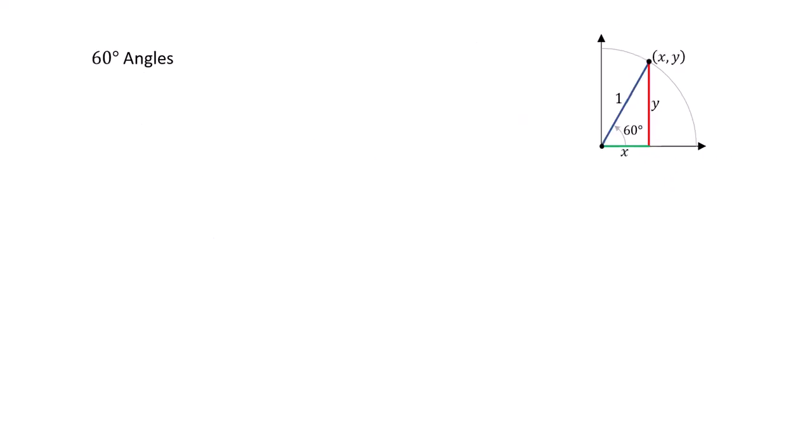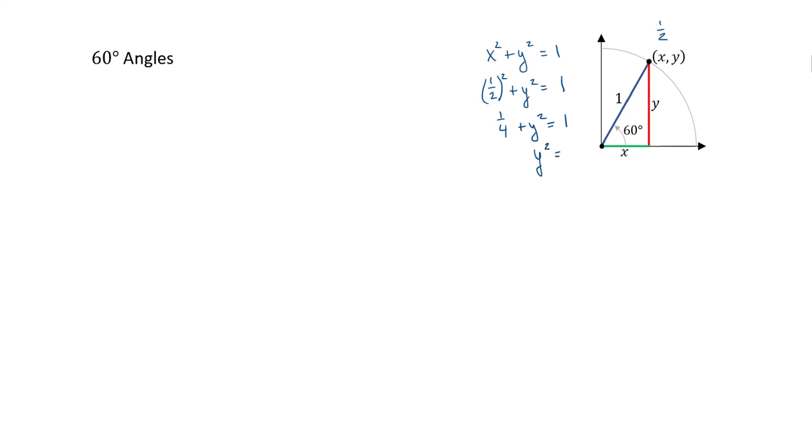Now taking a look at 60-degree angles, I have over here my x is most definitely 1/2. Now I can use my Pythagorean theorem, and the x being 1/2 substituted, I'm going to have 1/4 plus y squared equals 1.